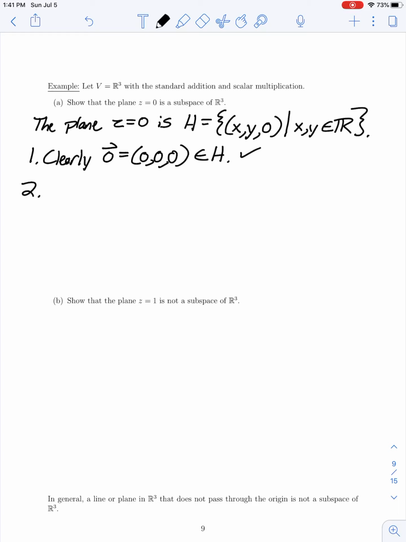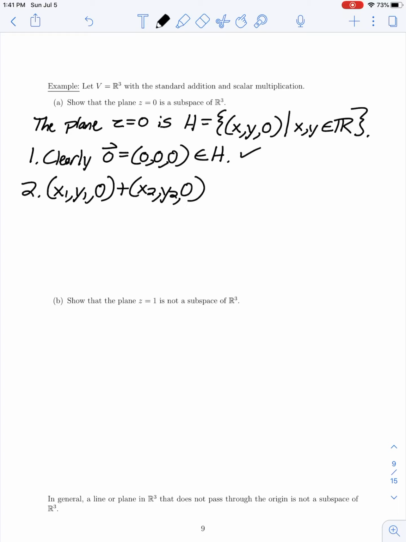Now our second condition is that it is closed under vector addition. So let's say that we take two points in this plane and sum them. Does it still lie in the plane? Let's suppose that we're taking the sum of two points, let's say (x1, y1, 0) and (x2, y2, 0).